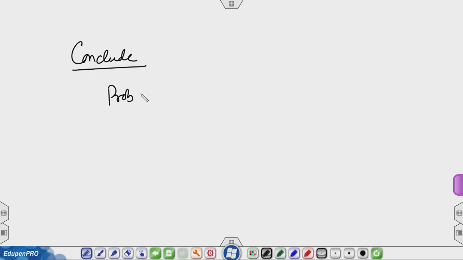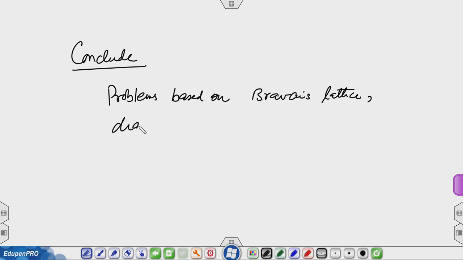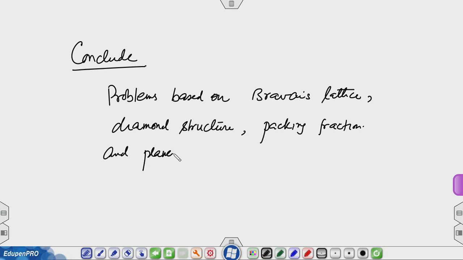Problems based on Bravais lattice, diamond structure, packing fraction, and planes in a crystal have been solved.